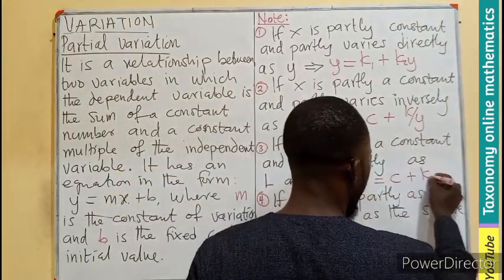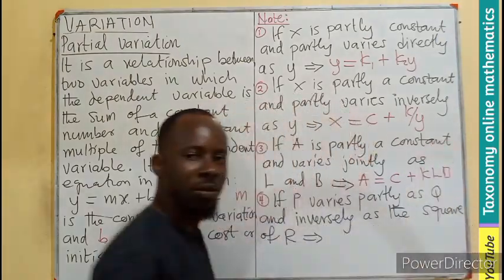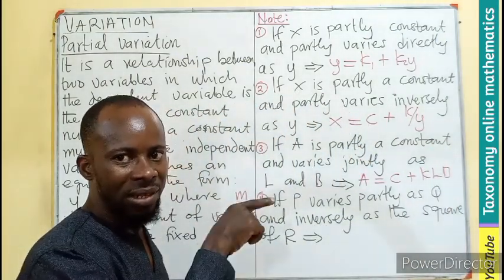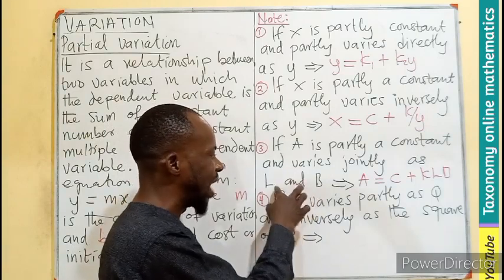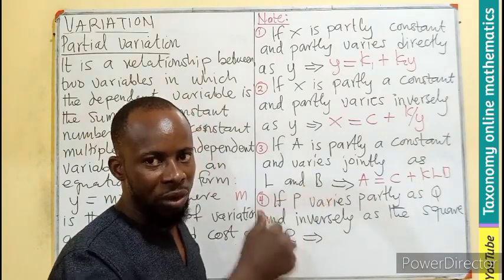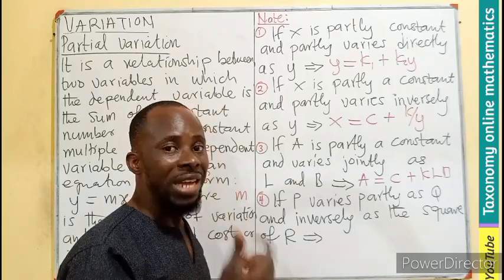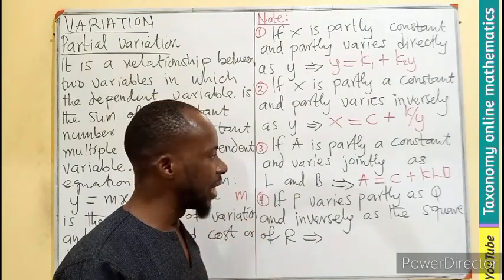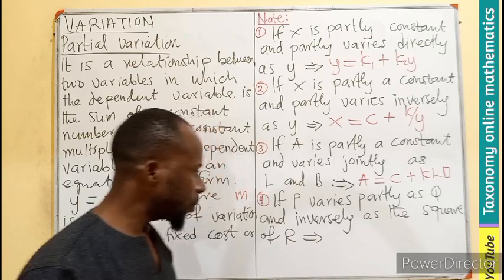So I have k times L times B. I believe you get that part clear. This is more or less like a direct variation of two variables. We did joint variation; you can check it out from the playlist.